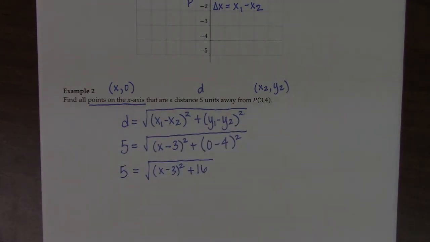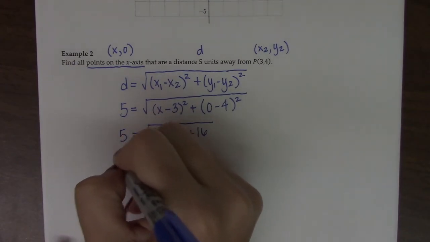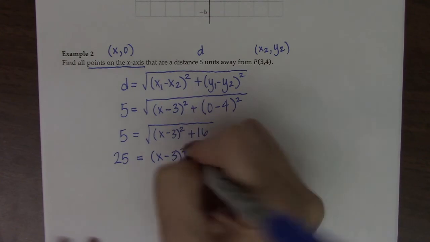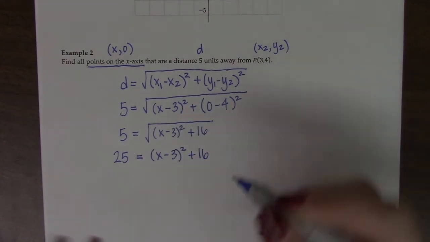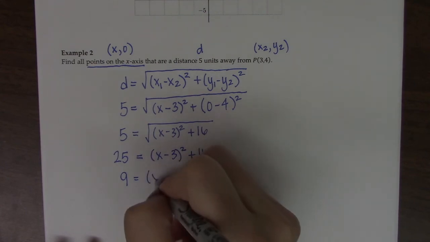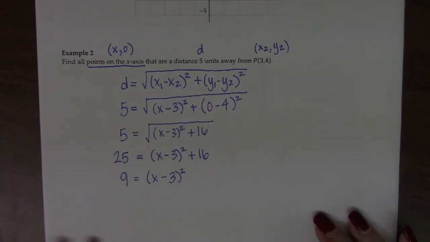So now what I want to do is solve for x. So we get rid of the radical by squaring both sides. And I can subtract 16 from both sides and get 9 equals x minus 3 squared.